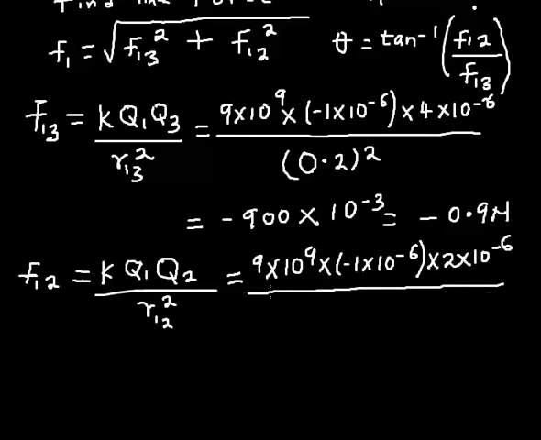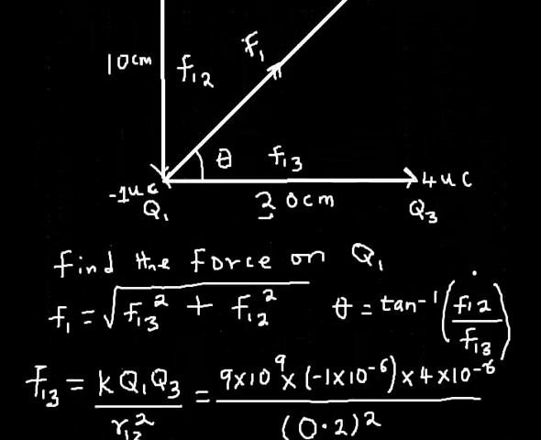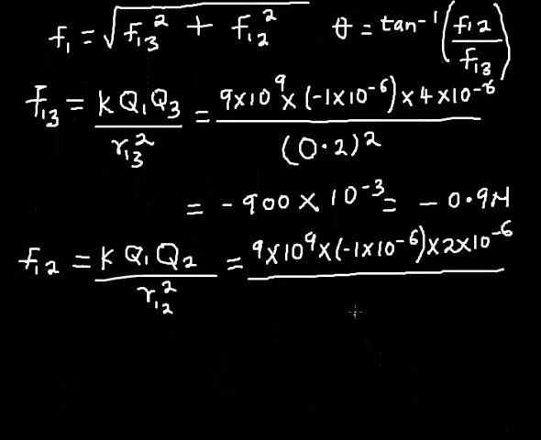Divided by the distance. The distance is 10 cm. So I'm having 0.1 square. Okay, let's work on this now.